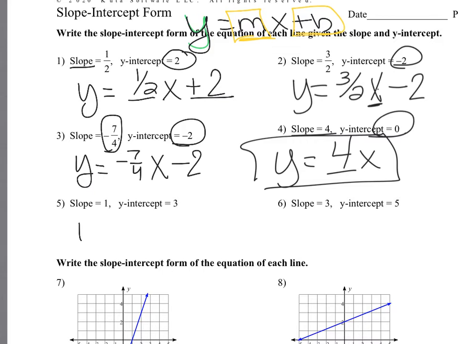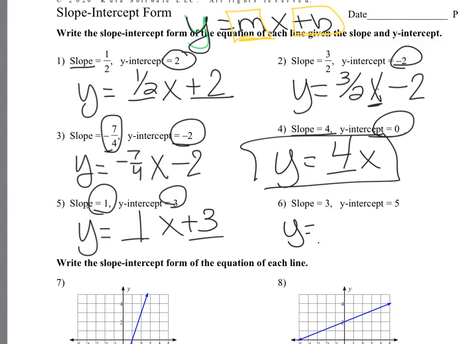All right, y equals blank x. So slope is 1. You don't have to put a 1. I can just have y equals x, and it's understood that it's 1. And then y-intercept is +3, so I'm going to put +3.